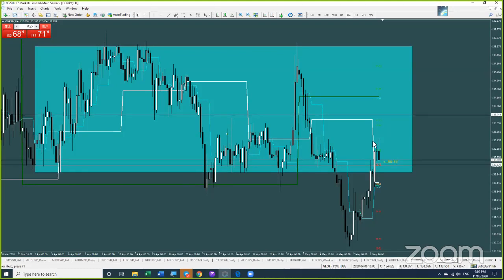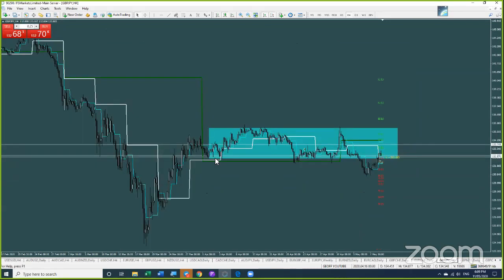We've come back inside it, and I would only be looking for longs at this point, because this going back into my strategy is a false or a potential false break, not yet proven, but gee whiz, it doesn't look too bad. You see the rectangle that we're trading, equal highs, equal lows.